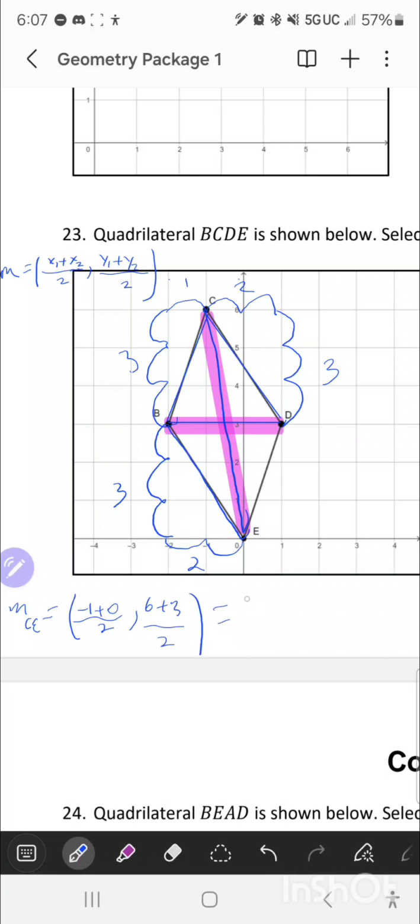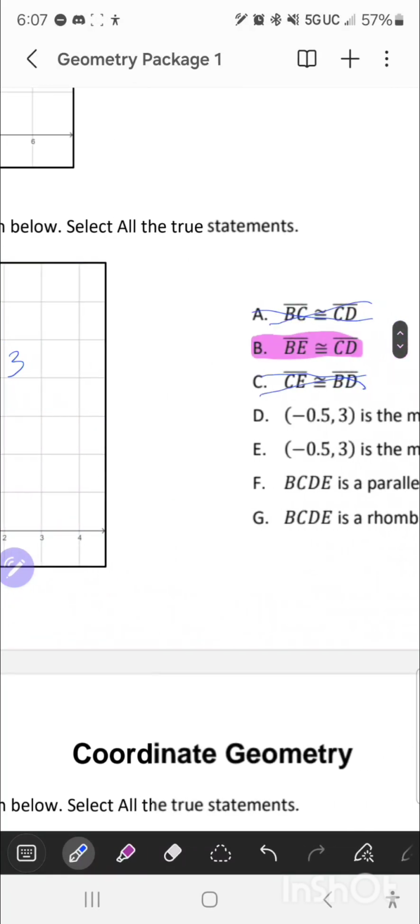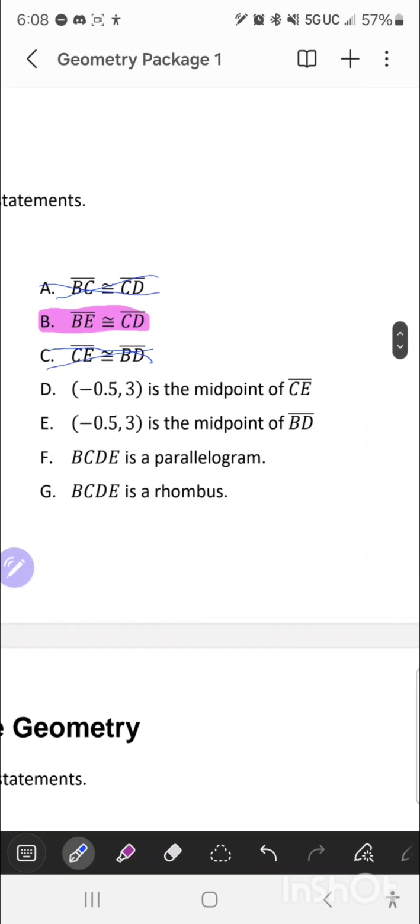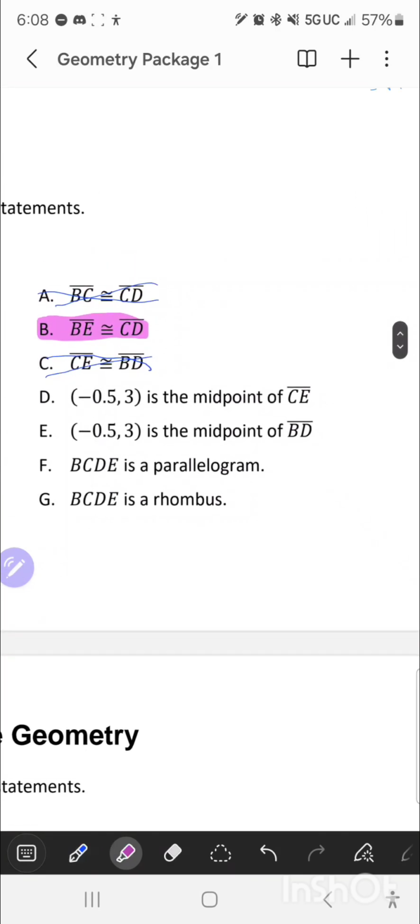So we get negative 1 over 2, comma, 6 over 2, and then we actually get negative 0.5, comma 3. Then 6 divided by 2 is 3, and negative 1 half is just negative 0.5. So we can see indeed negative 0.5, comma 3 is the midpoint of CE.